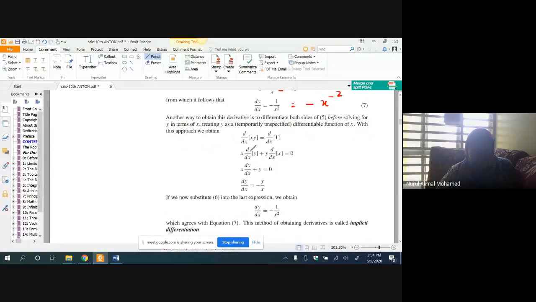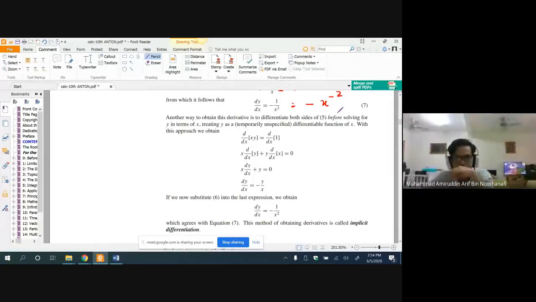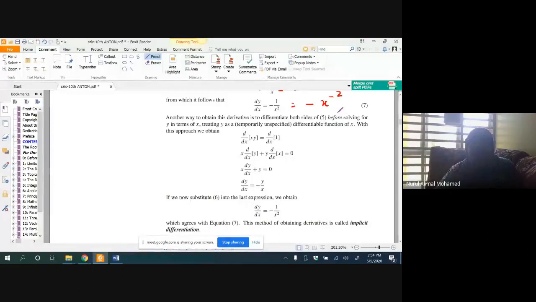The xy here is in terms of a product, so you have to use the product rule. One is denoted as u, another one is denoted as v, and you apply the product rule. The product rule says it will be u prime v plus v prime u.